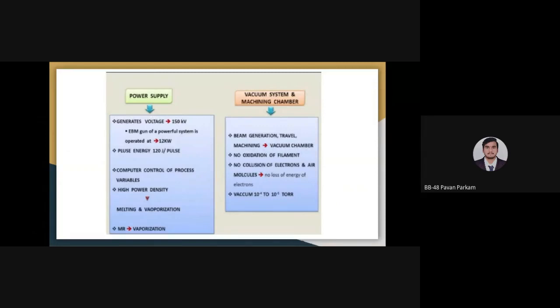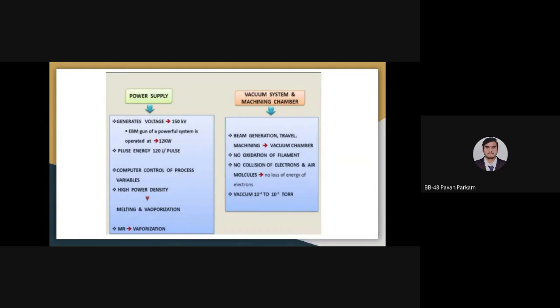To avoid the collision of the electron beam with the air molecules, the machining chamber is made vacuum. The pressure inside the machine chamber is maintained at about 10 raised to minus 4 to 10 raised to minus 5 torr.